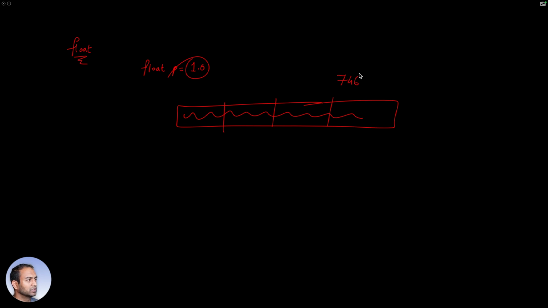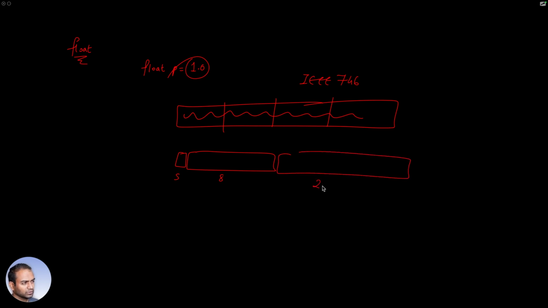I need to check this, but in the IEEE 754 format, the first bit represents the sign bit. Then there are 8 bits provided for the exponent, and then there are 23 bits for the mantissa part, since 1 plus 8 plus 23 is 32.